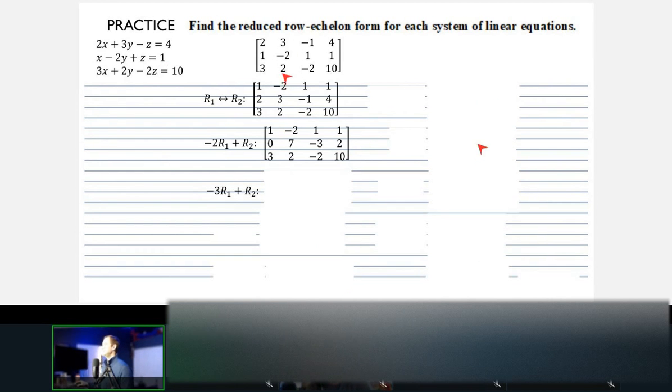So do you see how easy it is to make everything below this 1 a zero? We're using row 1, multiplied by the opposite of the start of row 2, so that'd be negative 2. And to make that, we use the opposite of that, which is negative 3 times row 1. You can see how these are very similar, and that's why we want to make this a 1: we're going to use this row, multiply some scaling factor, and add it to the row we're going to change.